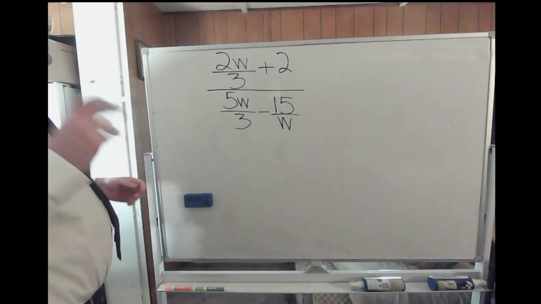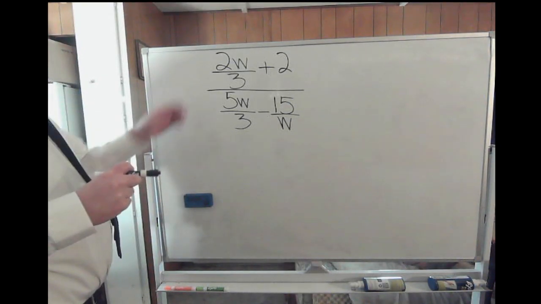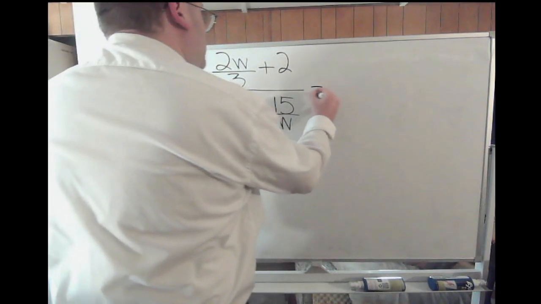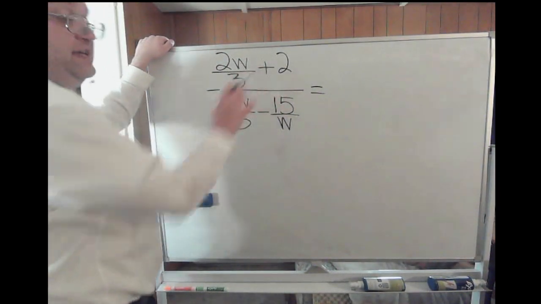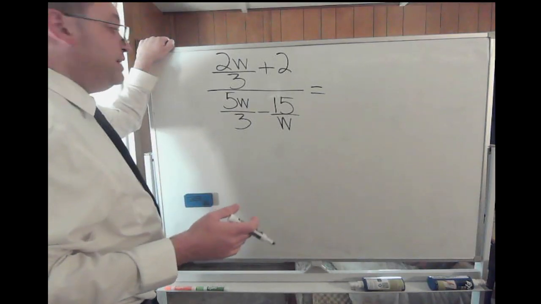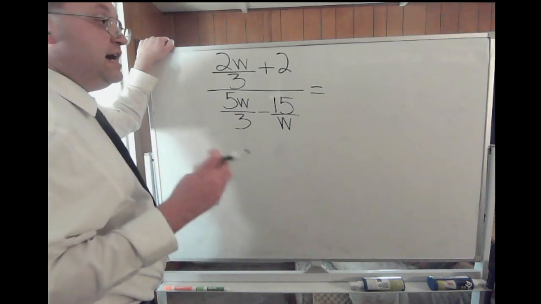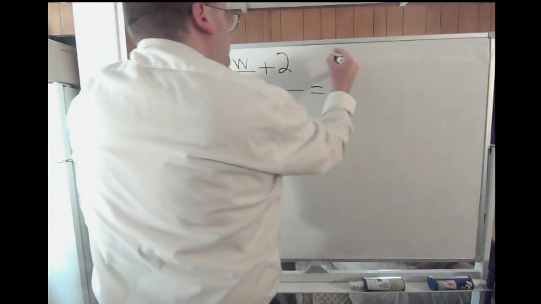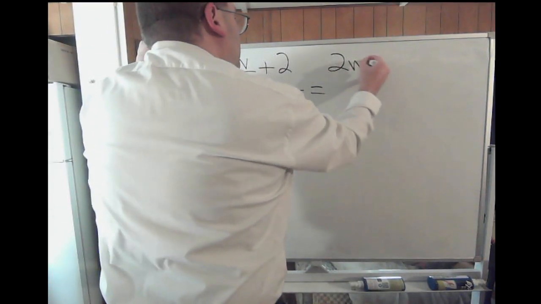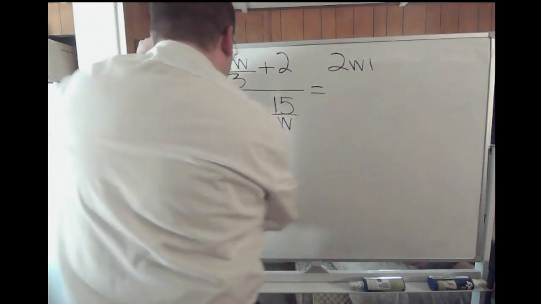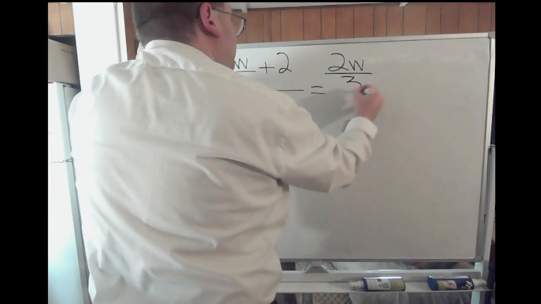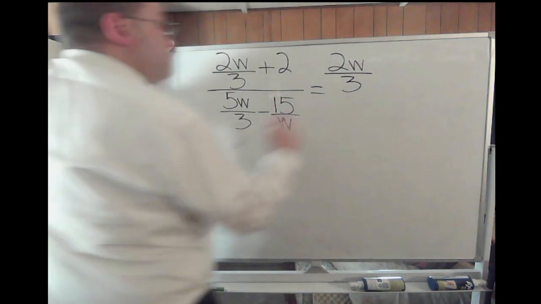First, consider the fractions one at a time. Start only with your numerator first. That plus 2, well, the default denominator is 1, right? Your least common denominator between 1 and 3 is going to be 3. So you can leave the 2w over 3 alone, since it already has the common denominator of 3.